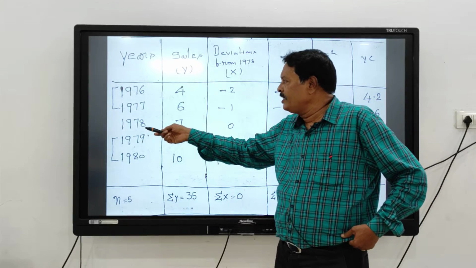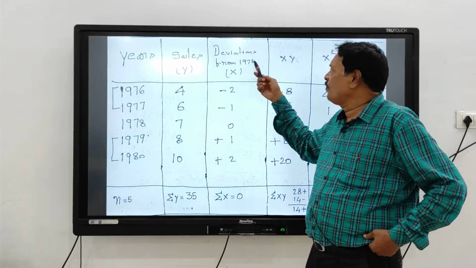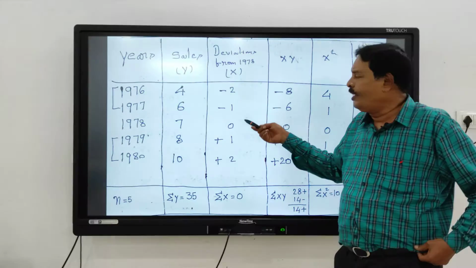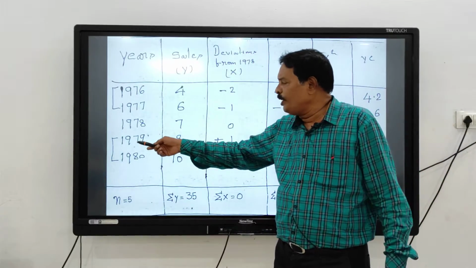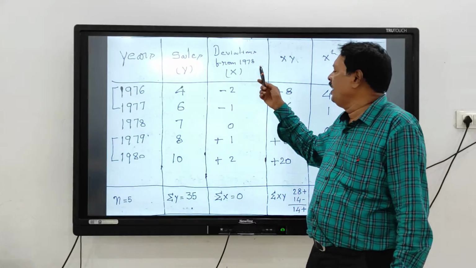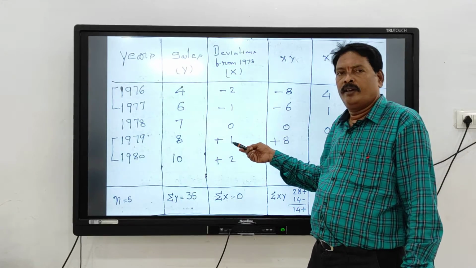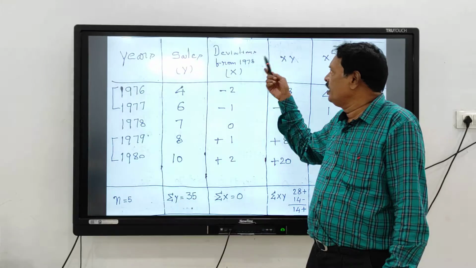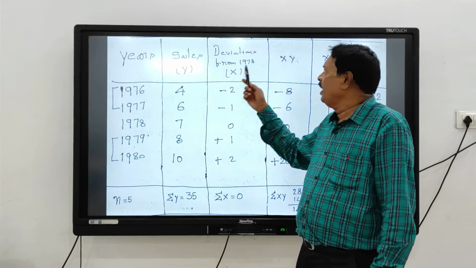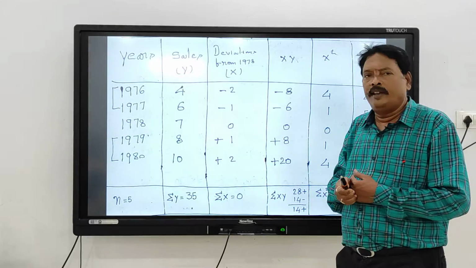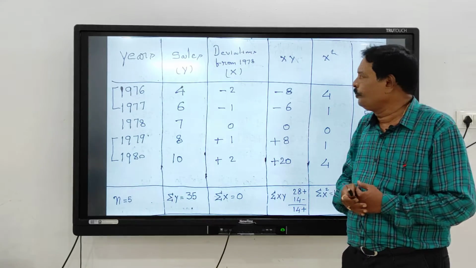Whereas 1978 deducted from 1978, the result is 0. Like this, the difference between 1979 and 78 is plus 1. Like this, 1980 and 1978, the deviation is plus 2.